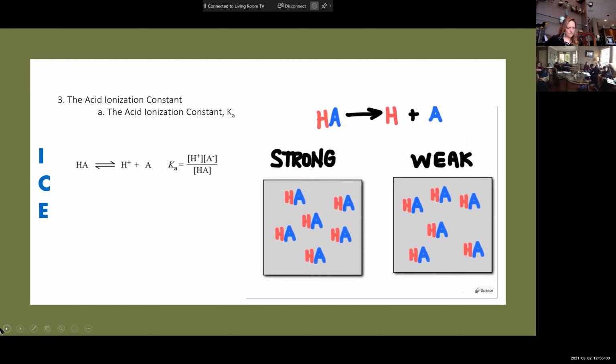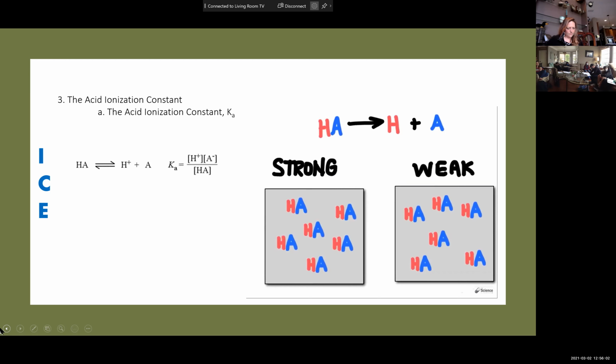So first, the difference between a strong and weak acid. When an acid or a base dissociates or dissolves in water, it's going to split apart. And for acids, they're going to split into hydrogen ions and then some kind of anions, the negative charge. And so hydrogen ions have a positive charge. If an acid or a base is going to be strong, it means it's going to dissociate 100% or completely.